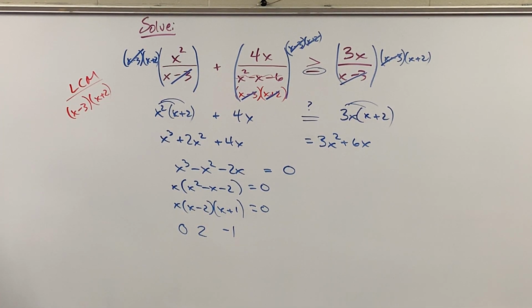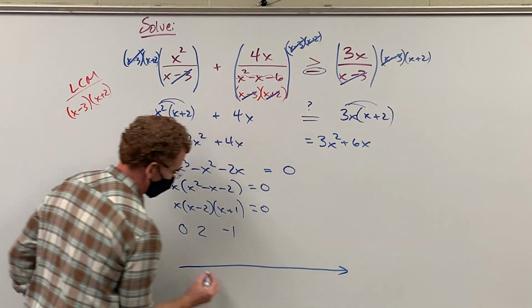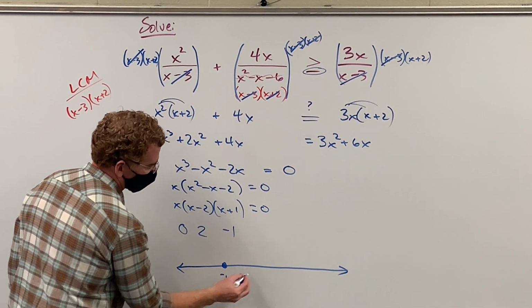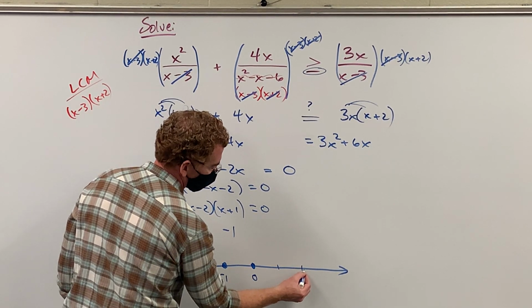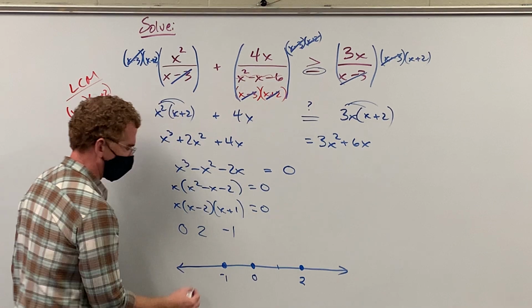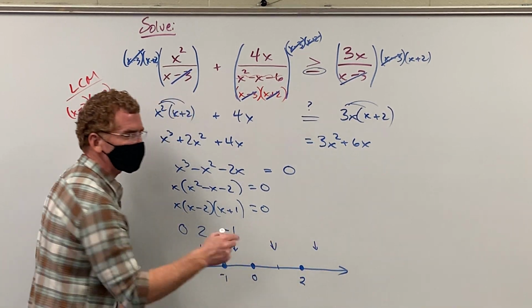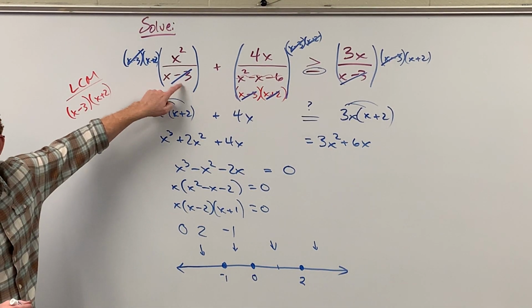But wait, if all I do on my test is come here now and mark the negative 1, the 0, and the 2, and check in between them, I'm omitting one major concept. Domain. The domain.